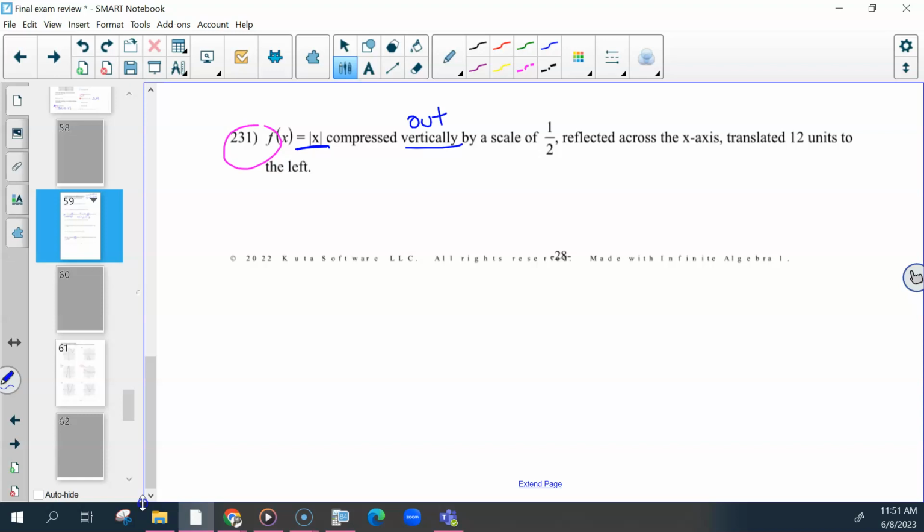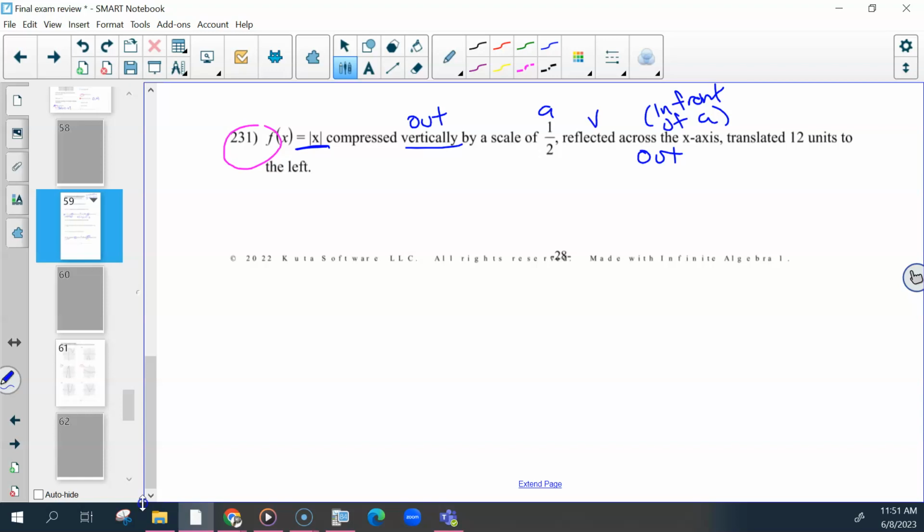It tells us what that number is, so that's A. Reflected across the x-axis, so if this is your x-axis, it's doing this. That is vertical. So this is going to go in front of A. On the outside.